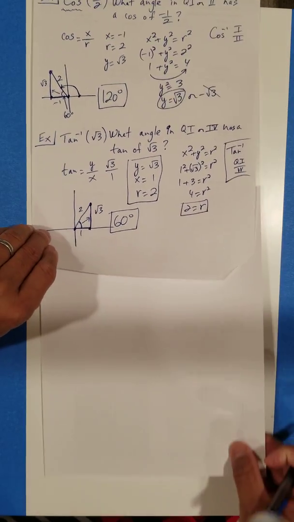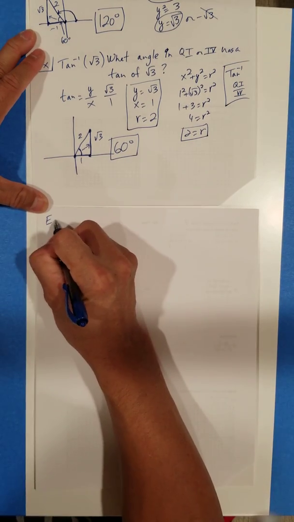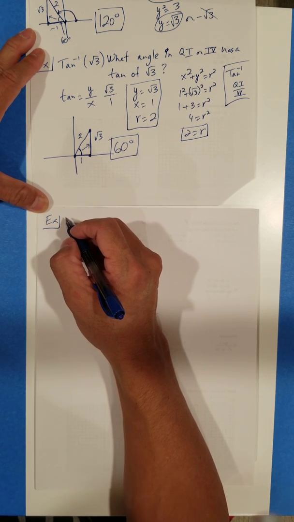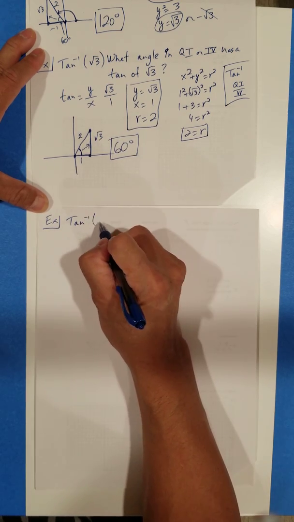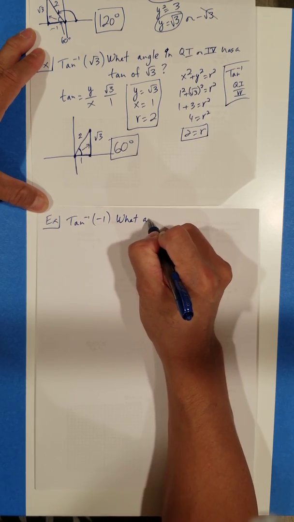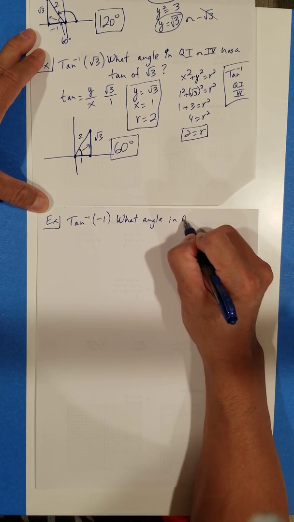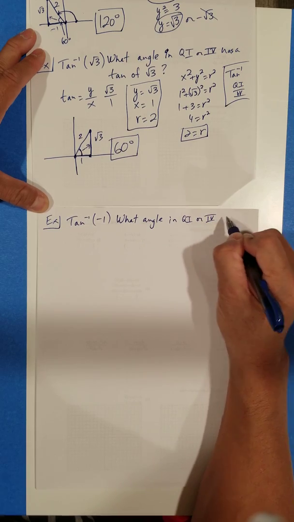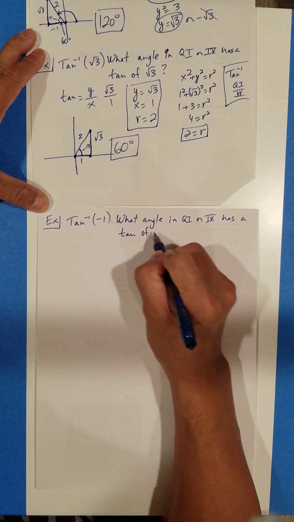Okay, so let's do it one more time. Let's go with arctan, inverse tan of -1. Again, what angle in Q1 or 4 has a tangent of -1?